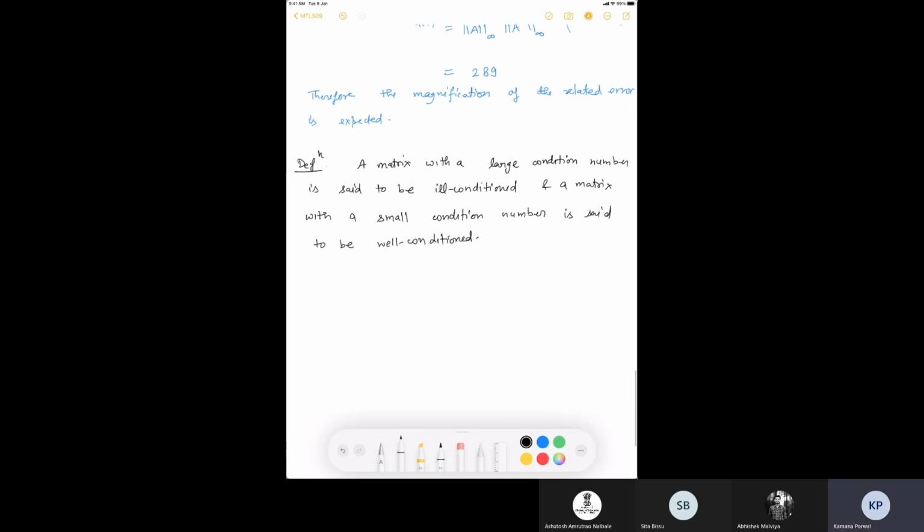These terminologies, ill-conditioned and well-conditioned, can also be used with respect to linear systems.